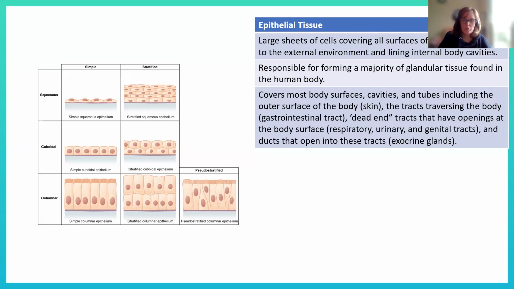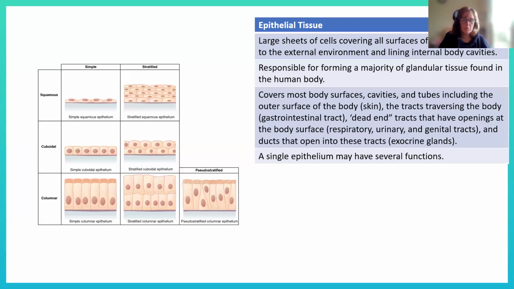There are also things called ducts that open into these tracts. Duct just means a tube, really. So we've got certain organs like the pancreas that release things from ducts. They release hormones as well, down these tubes.